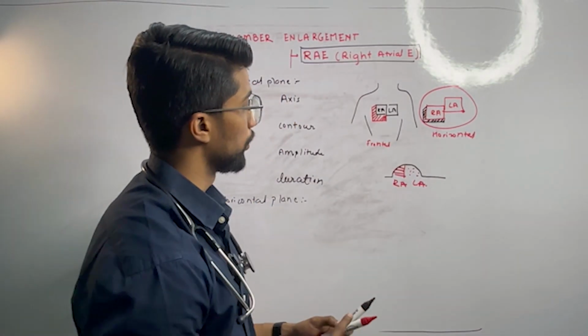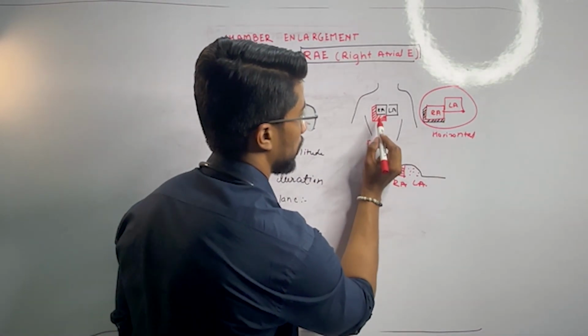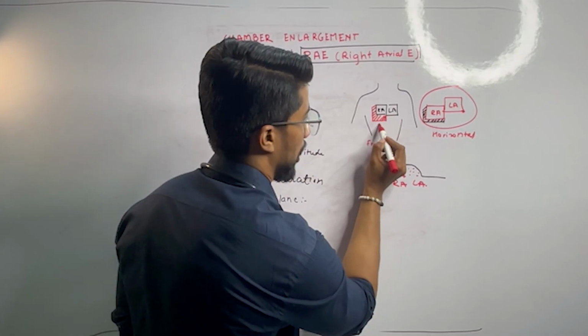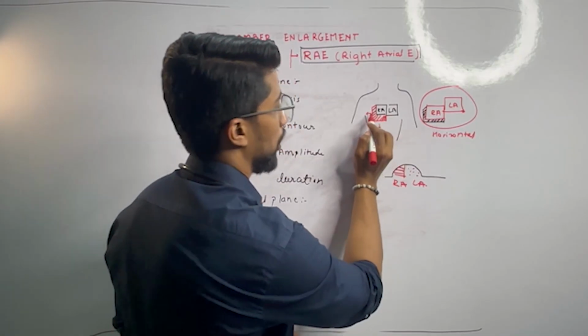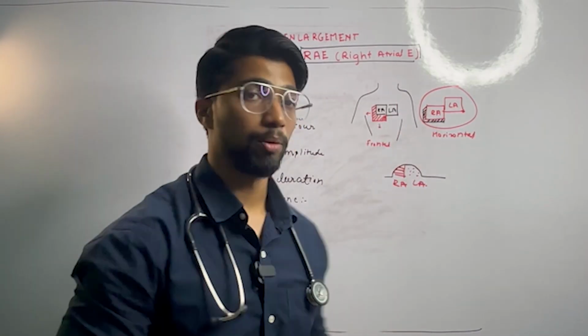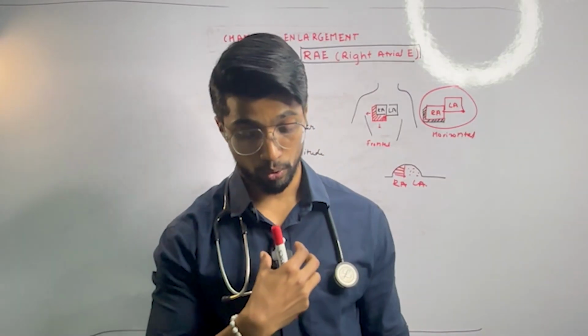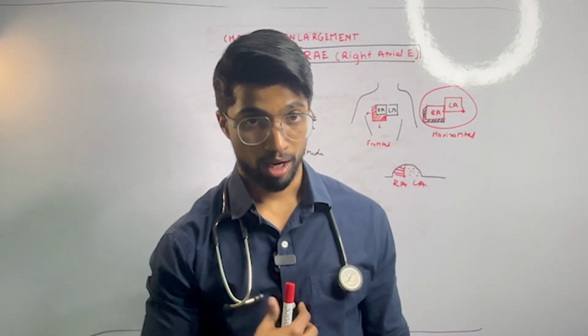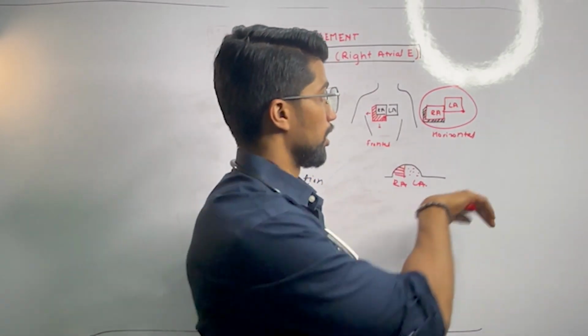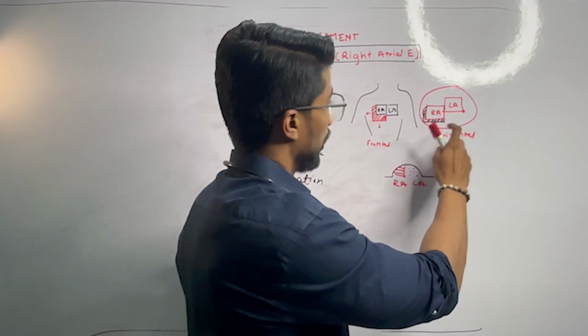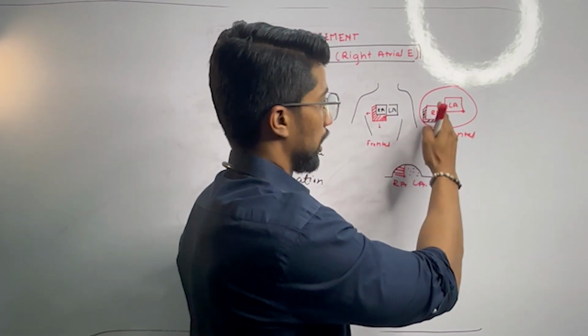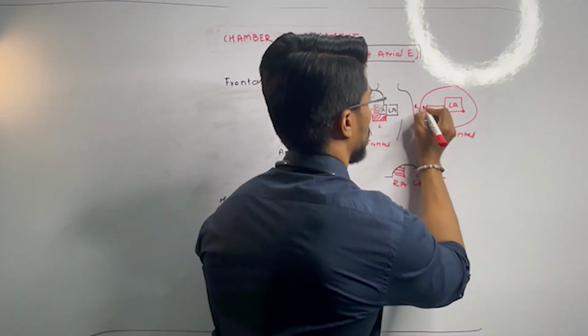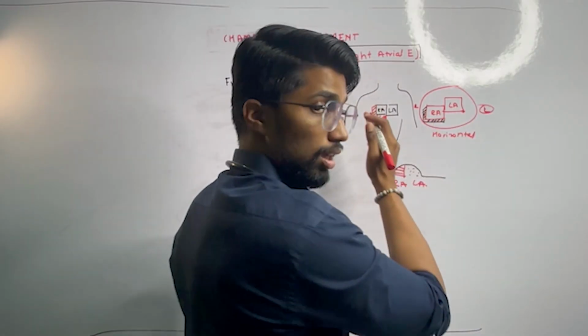The right atrium enlarges to the right and down if you consider the frontal plane. But in the horizontal section, the RA grows anteriorly and to the right.